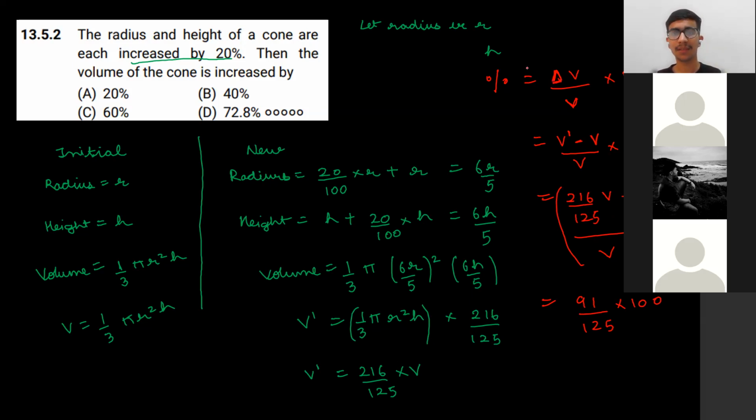This sign is delta, or you can speak this as the change in volume, net change in volume. This is how you represent this in a subjective paper.